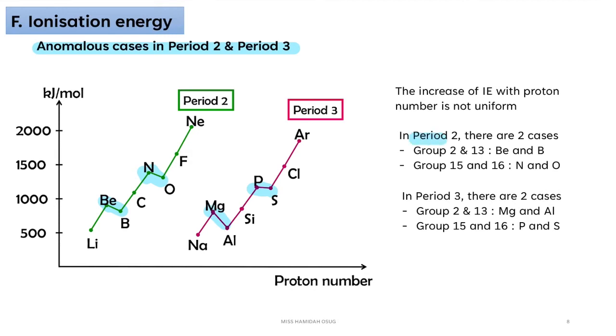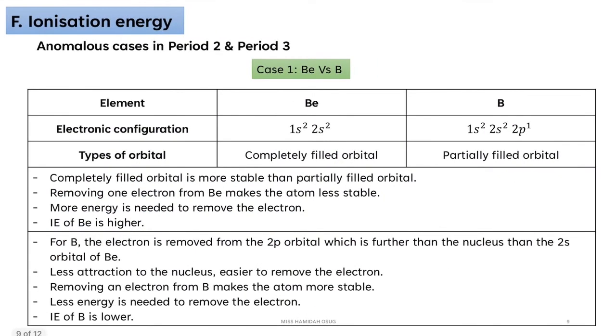So in period 2, there are 2 cases, between beryllium and boron, and also between nitrogen and oxygen. While in period 3, there are also 2 cases, between magnesium and aluminium, and also phosphorus and sulfur. So let's take a look at the first case, between beryllium and also boron.